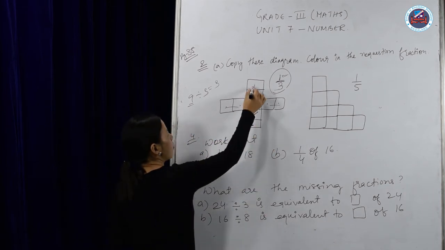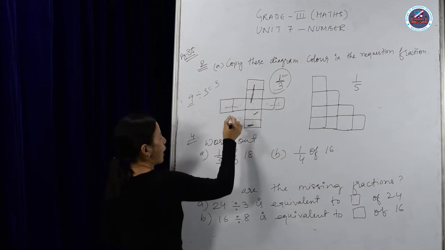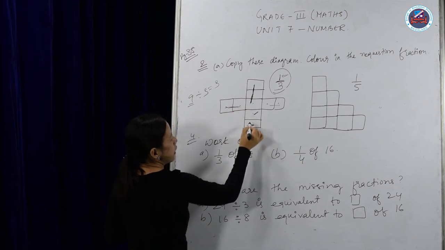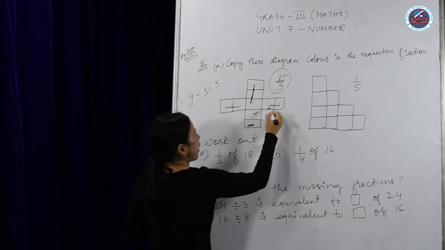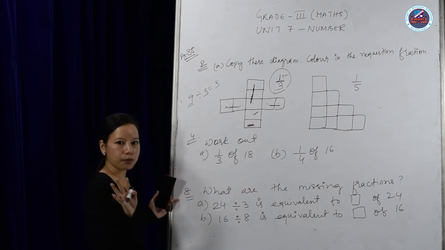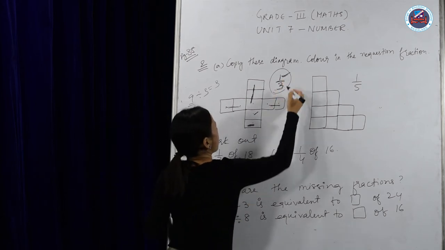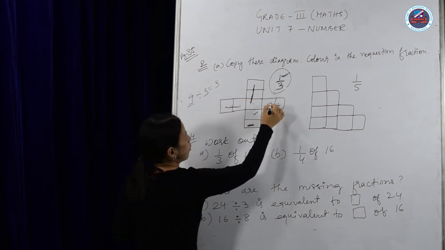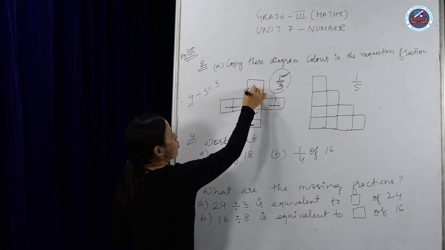So we have altogether how many parts now? That means 3 boxes will be counted as 1, okay? So let's make altogether 3 now. It says out of 3, only 1 part is shaded. We have divided the total parts, that is 9, into 3.